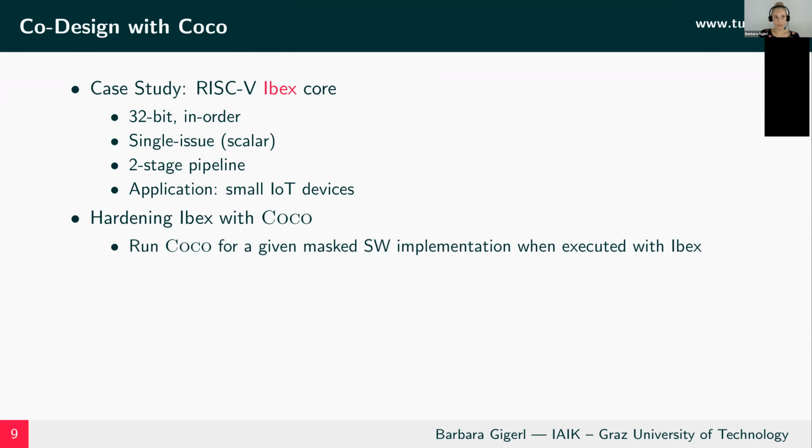So what we did was we constructed a set of masked software implementations and then tried to verify those software implementations with Coco. And Coco reported a whole list of leaks. And these leaks were in various parts of the CPU, and we had two strategies to remove these leaks.